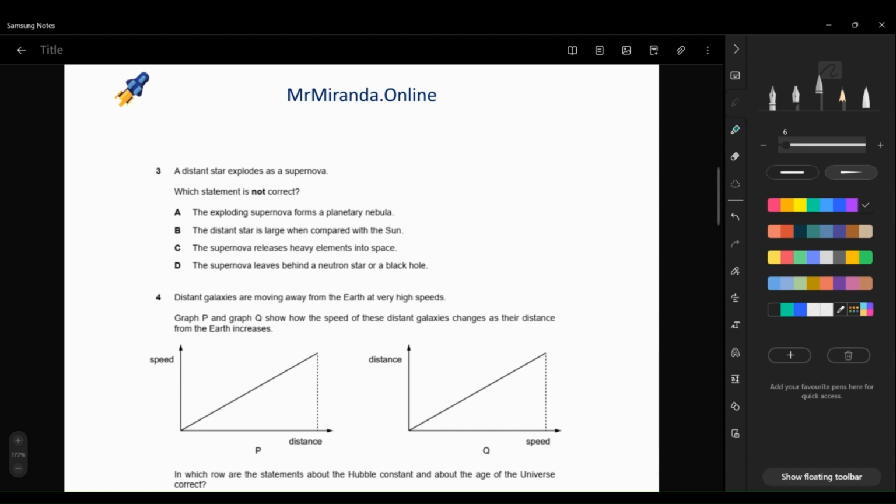This goes through the periodic table, and eventually, at the moment the supernova explodes, the heavier elements that you have on the periodic table are going to be formed in that brief moment. Okay, so then you have D, the supernova leaves behind a neutron star or a black hole. I already talked about this. This is also correct. So the incorrect one is A.